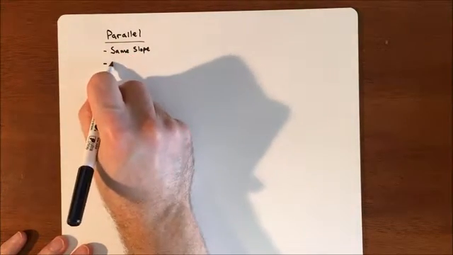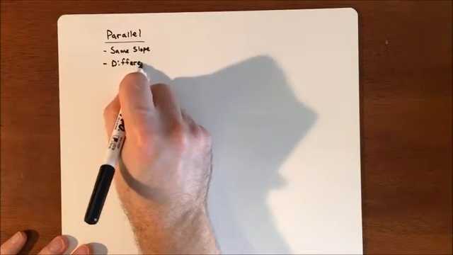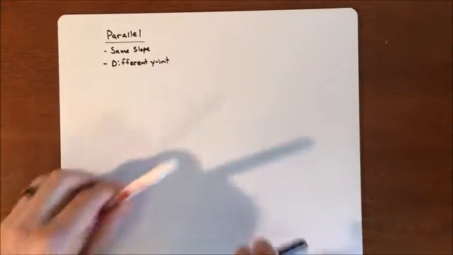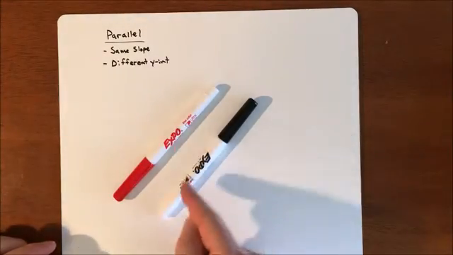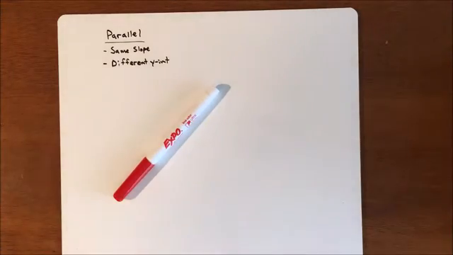It also has to have different y-intercepts. So as long as lines have the same slope and different y-intercepts, they're going to be parallel to each other. So they have to be on a different spot, otherwise they're going to be on top of one another and they're not going to be considered parallel.